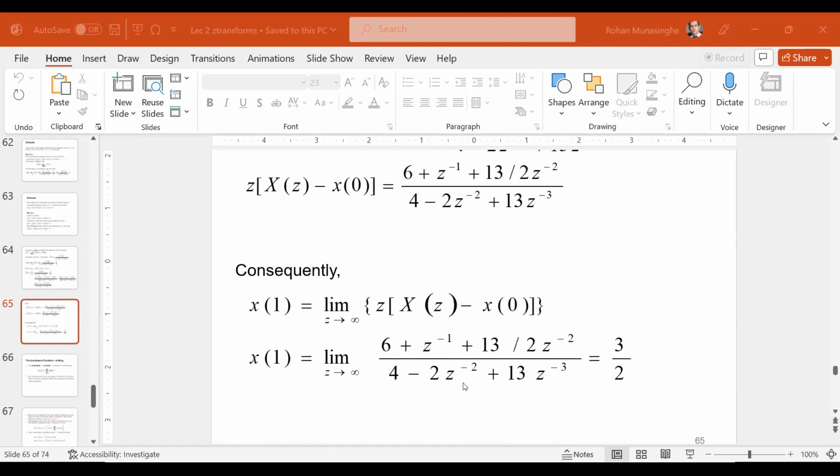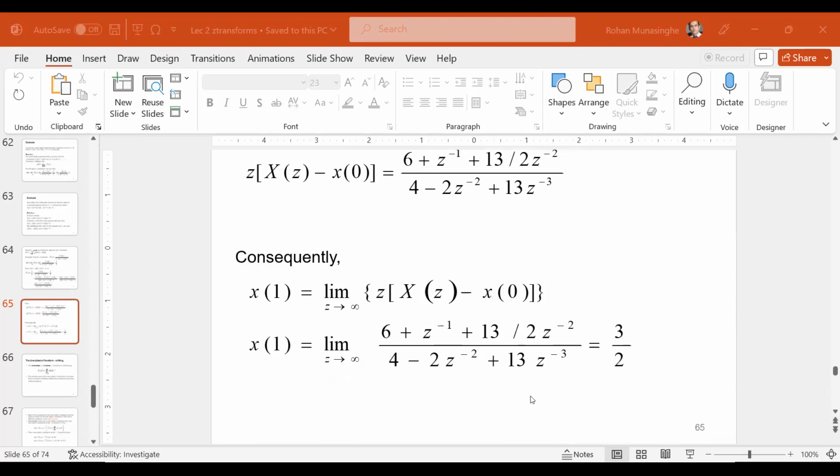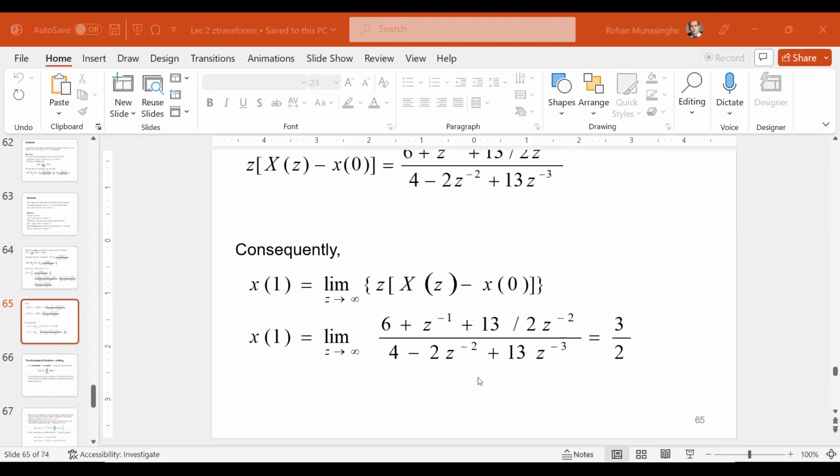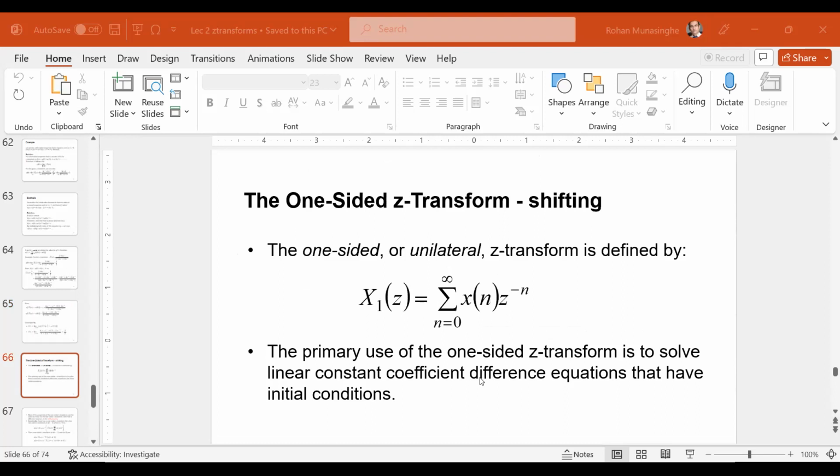Okay, so this is an iterative algorithm. You can easily code it if you want. And once you have given the length of the sequence, you can calculate each term in the sequence.